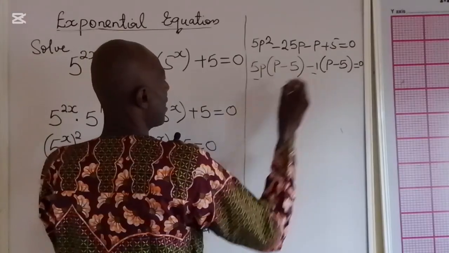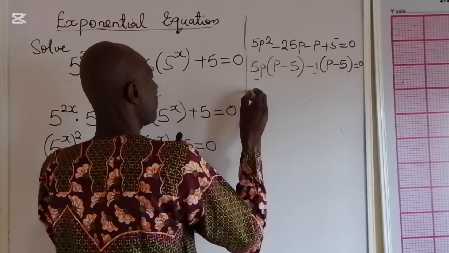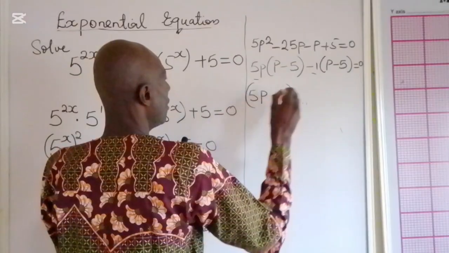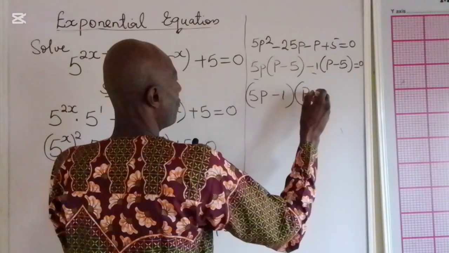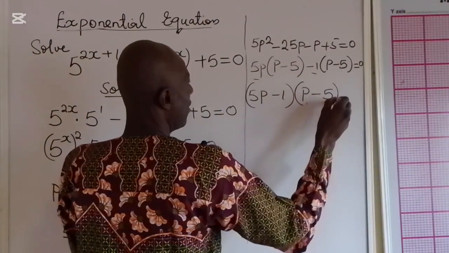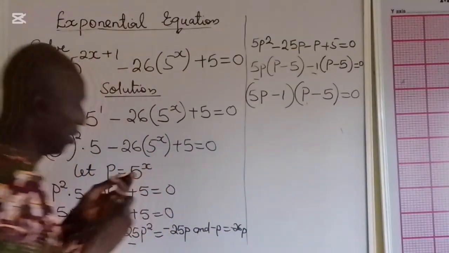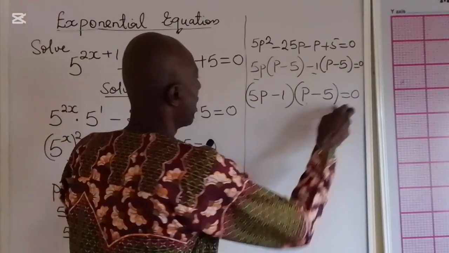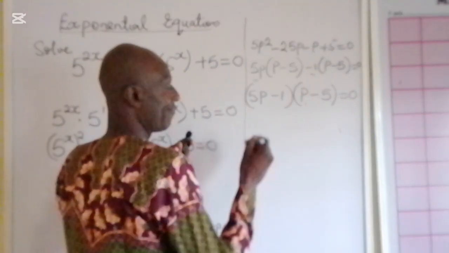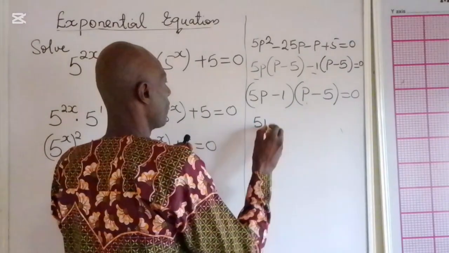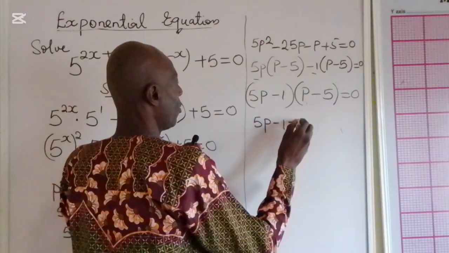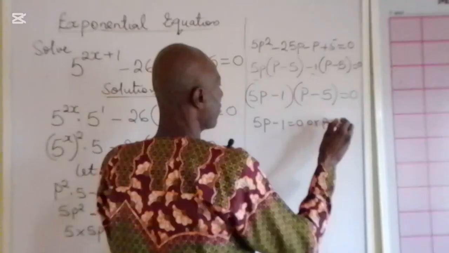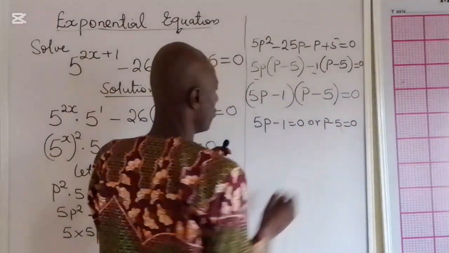Let me pick what is outside the bracket, which is now 5p minus 1, then pick the bracket p minus 5 is equal to 0. So we equate each of these brackets to 0. So now write 5p minus 1 is equal to 0, or p minus 5 is equal to 0.